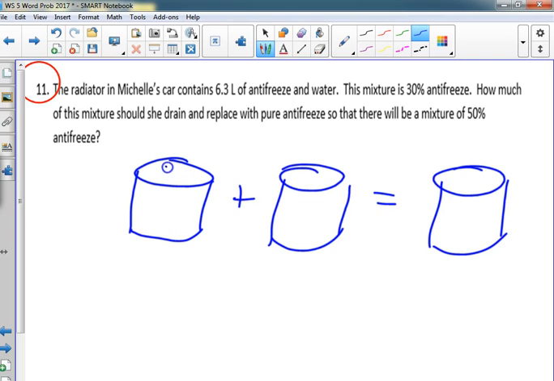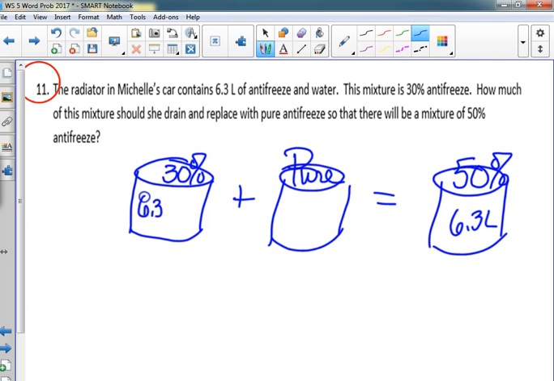It says we're mixing some 30% antifreeze with some pure antifreeze to get 50% antifreeze. The issue is, at the end, we still need 6.3 liters because we started with 6.3 liters, but we did what? We drained some here, and whatever X amount is we took out, we put back in with pure. Everybody okay? Kind of complicated. Okay, does it make sense though?